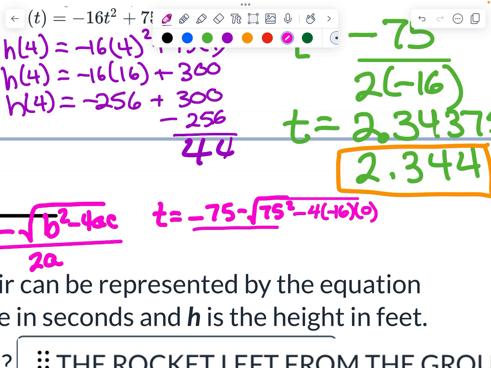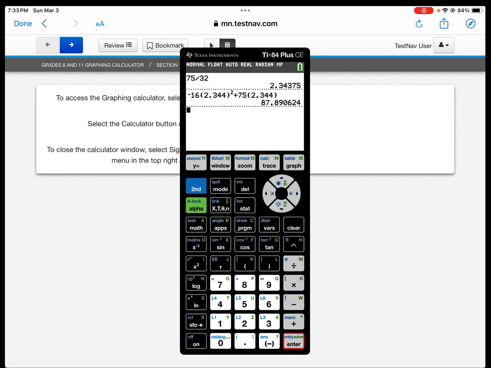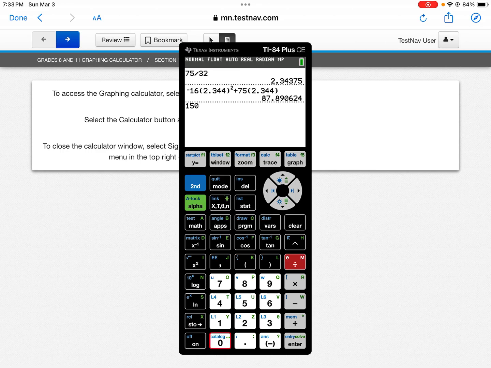You would notice that this piece right here is just the number 0 because it's times 0. So it's negative 75 minus 75, which is negative 150, divided by 32. So 150 divided by 32.